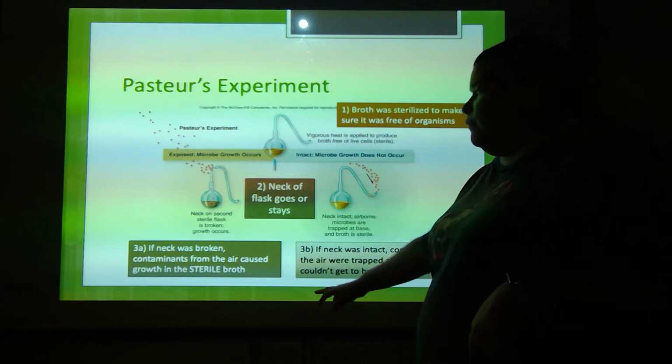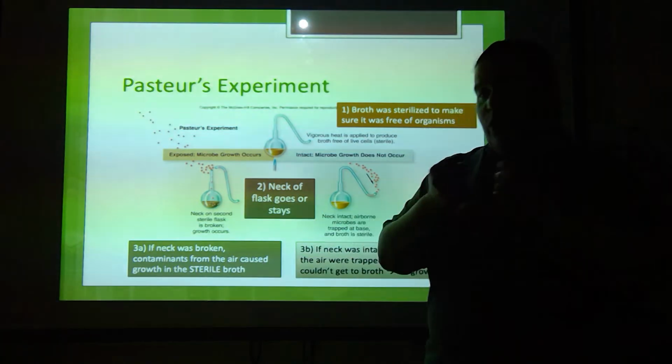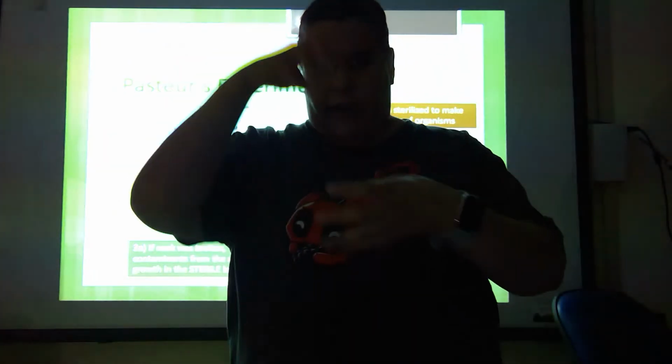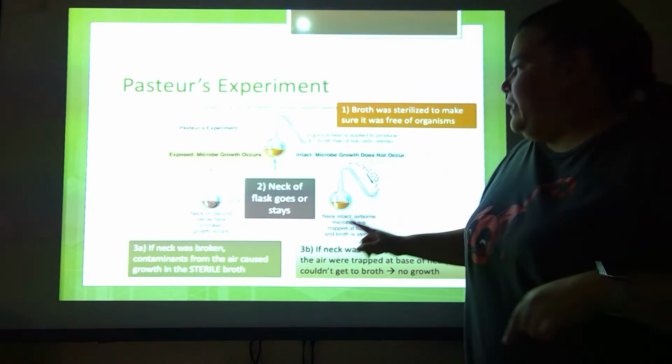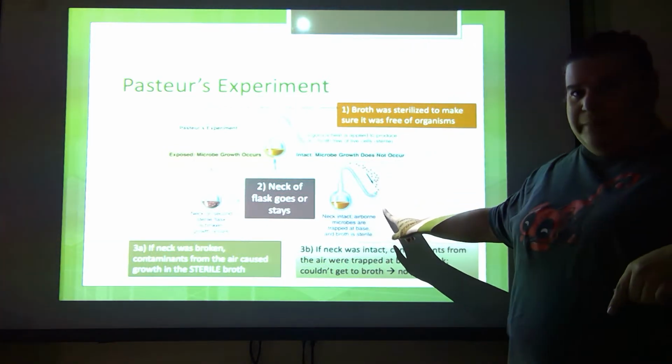So, when he broke that and it was exposed to air and air could get inside, they saw growth. So, there was life coming into that broth. There was growth there. It went bad. However, the second flask where he had the gooseneck, think about it.